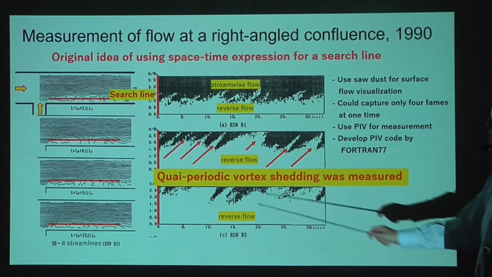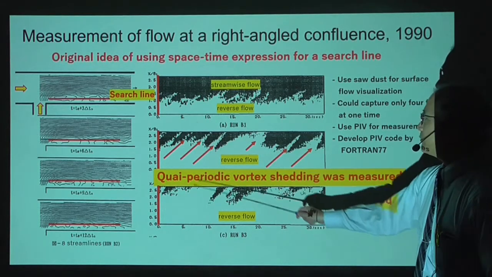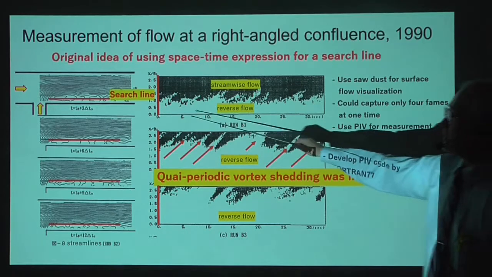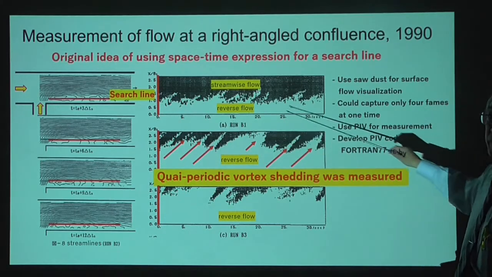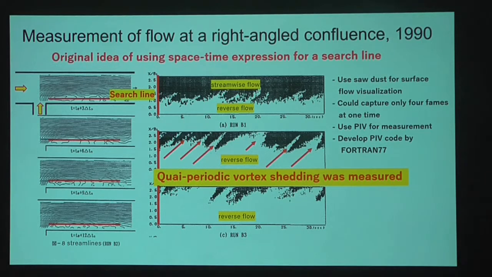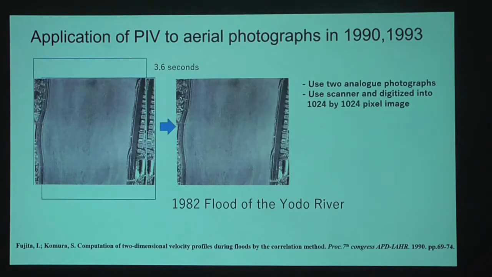In this case, the quasi-periodic vortex shedding can be visually observed by making a space-time image like this. Maybe this is the first time the surface phenomena were expressed as a space-time image. This is the original idea, and it was in my mind for a long time.